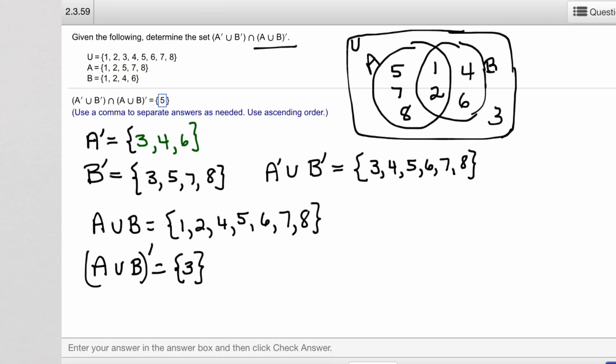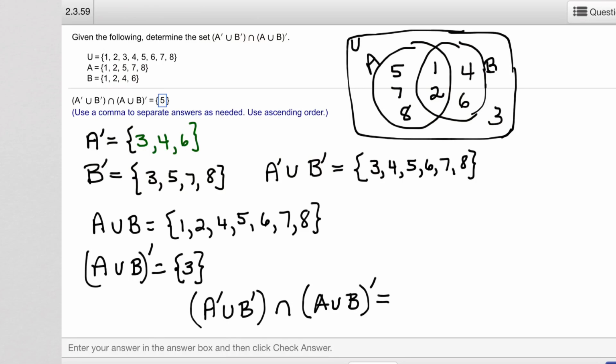So now I have the first set of parentheses, A prime union B prime, and now I'm going to intersect that with A union B prime. All right, so down at the bottom, last one, A prime union B prime intersect A union B prime.